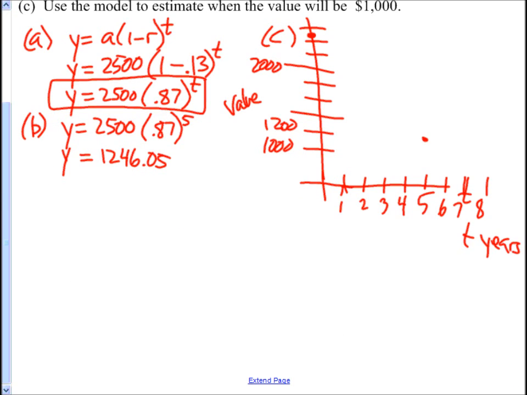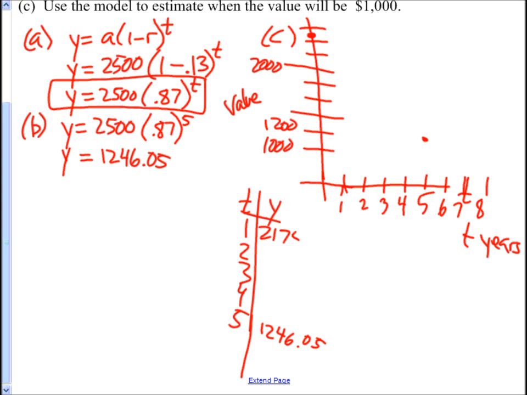Extend this a little bit. So we know T and Y, so 1, 2, 3, 4, 5. We already know that 5 was 1246.05, how much that car was worth, right? So after 1 year, push that in. 2175 is what it's worth, so about right there.